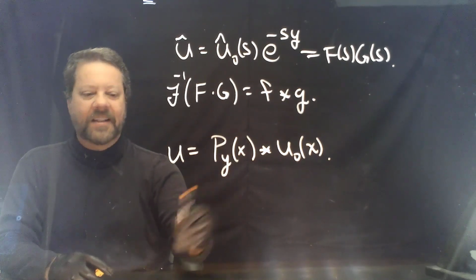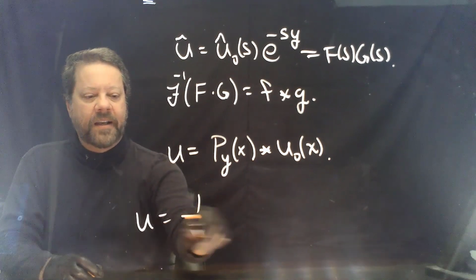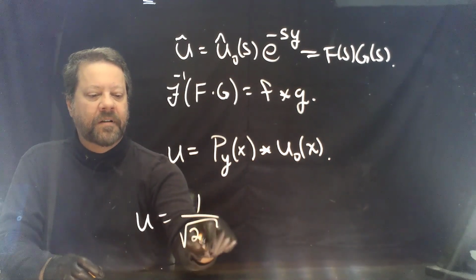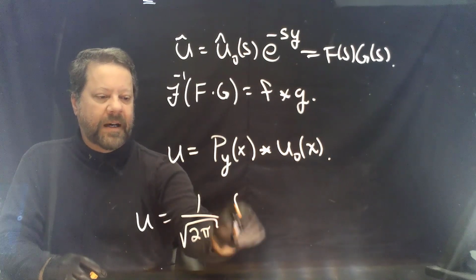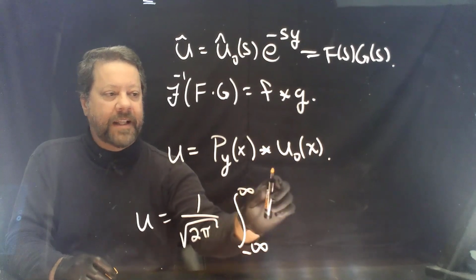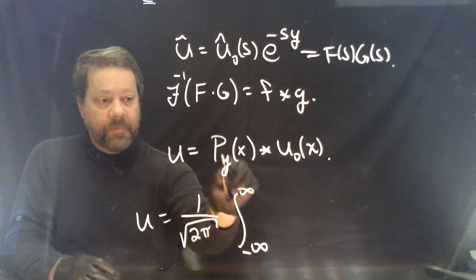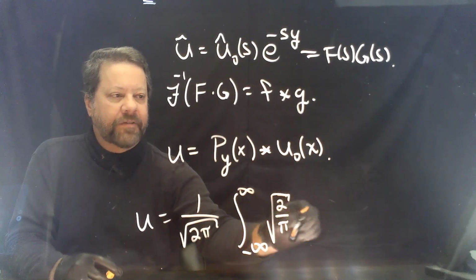So what does this give? You'll recall that we're using a normalization factor of 1 over root 2 pi. We'll be integrating from minus infinity to infinity. Py has a factor of root 2 over pi out front.